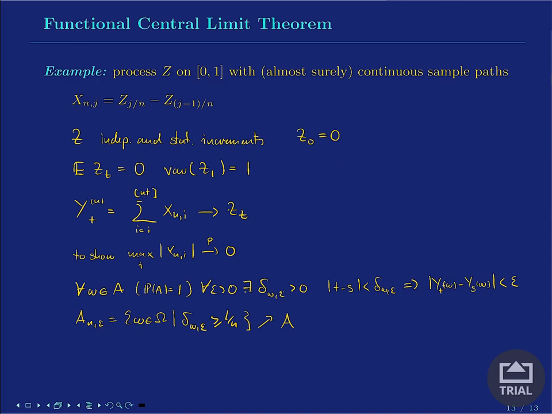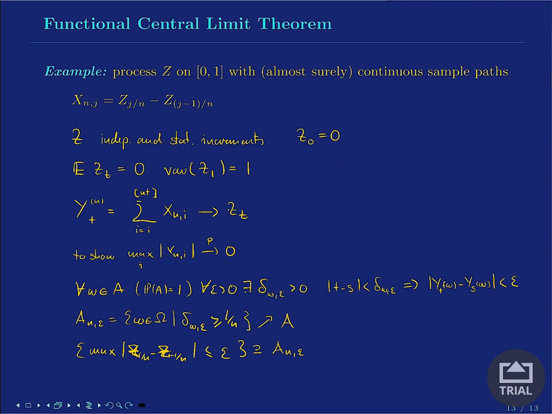So if we are now interested in the event that the maximum of Y_i over n minus (i minus 1) over n is smaller or equal epsilon, that should be actually Z, so our original process, then this event contains the set A_{n,epsilon}.